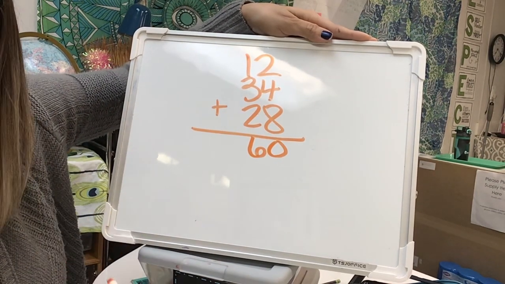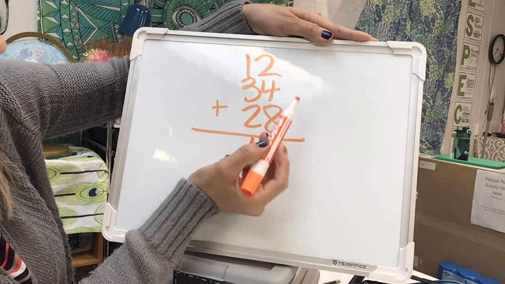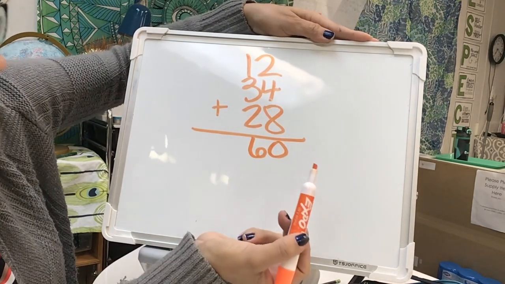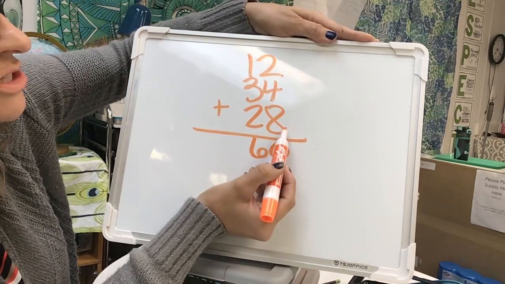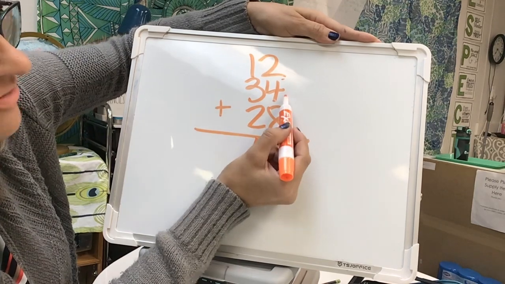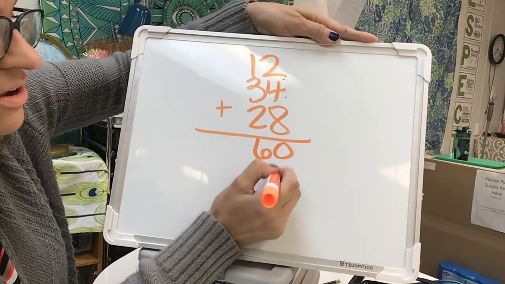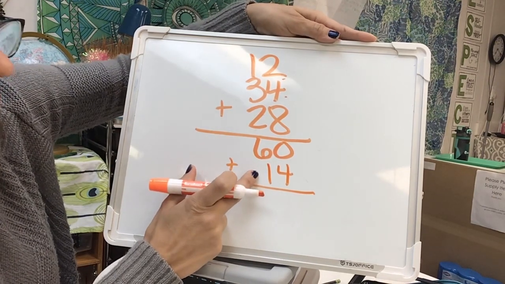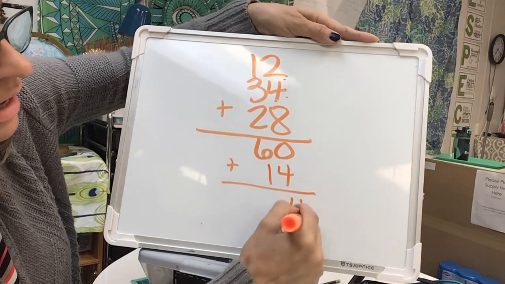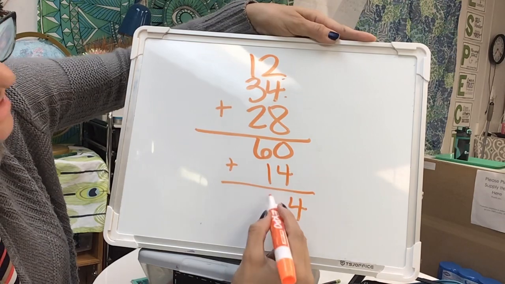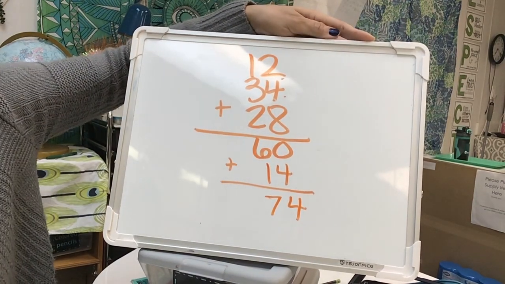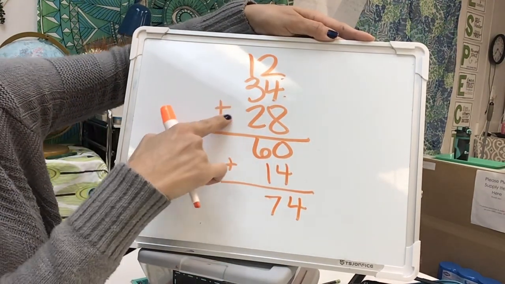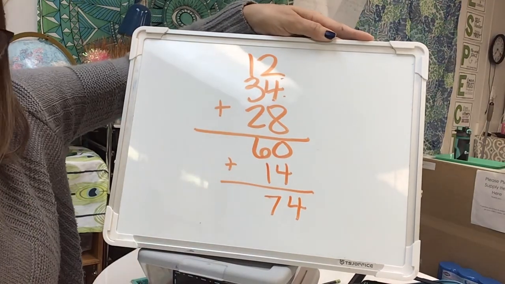Compatible numbers are numbers that are easy to add. I noticed that 8 and 2 has a value of 10, so I'm going to add those first. So 8 plus 2 is 10. If I add 4 more, the value is 14. So my partial sums are 60 and 14. 0 plus 4, and then 6 tens plus 1 ten is 7 tens. So 12 plus 34 plus 28 is 74.